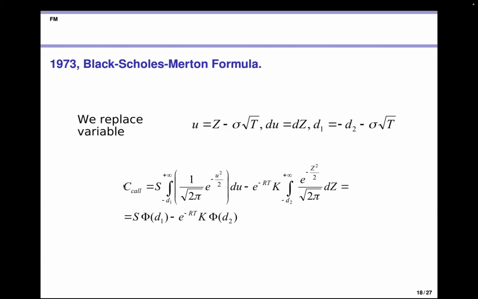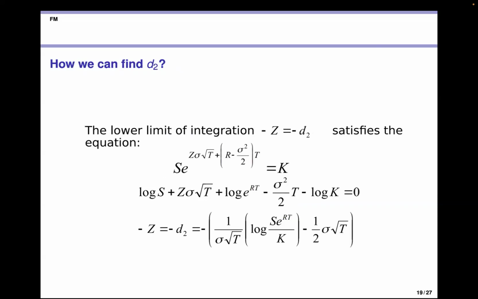So we have the formula for the European call option, but we don't know how to compute D1 and D2. You remember D1 is when your function s minus k, s will be more than k.